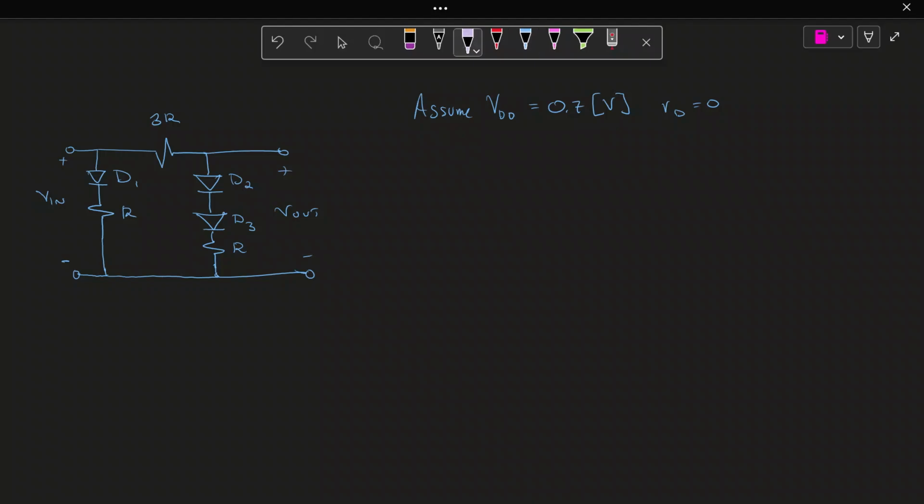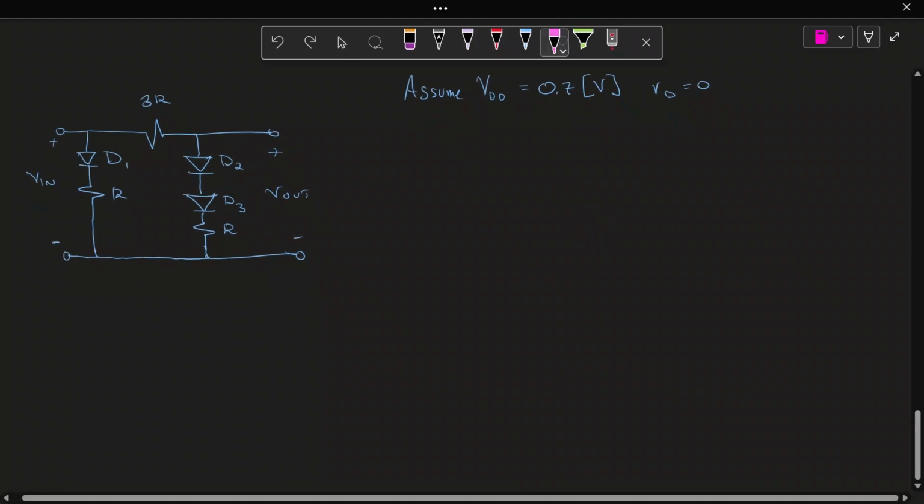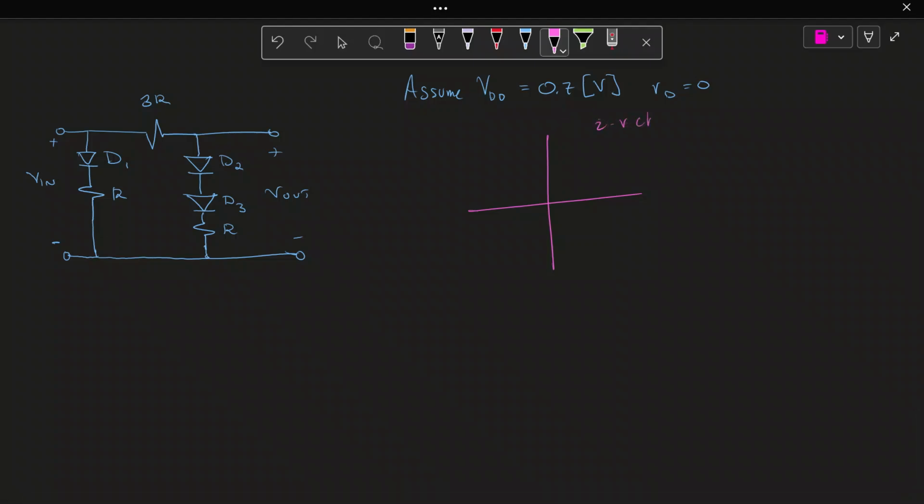Something we have to notice here is we have two diodes in series. A lot of this is having an idea about how diodes work. If we draw the IV characteristic of diodes, this is for ideal diodes, by the way.